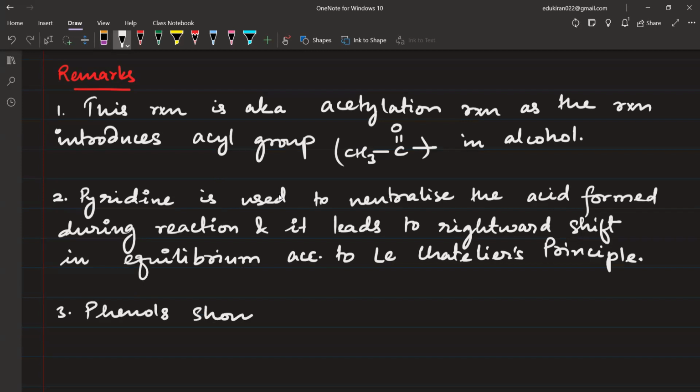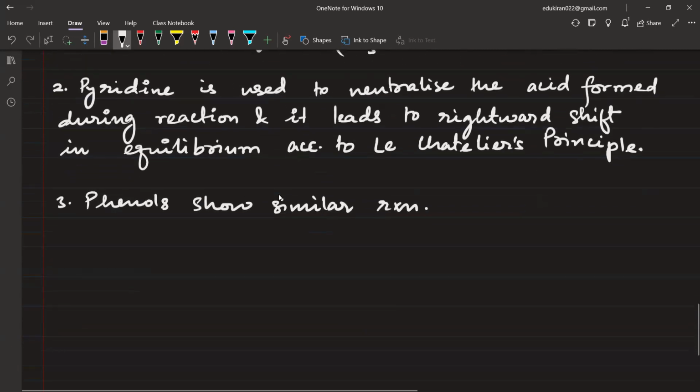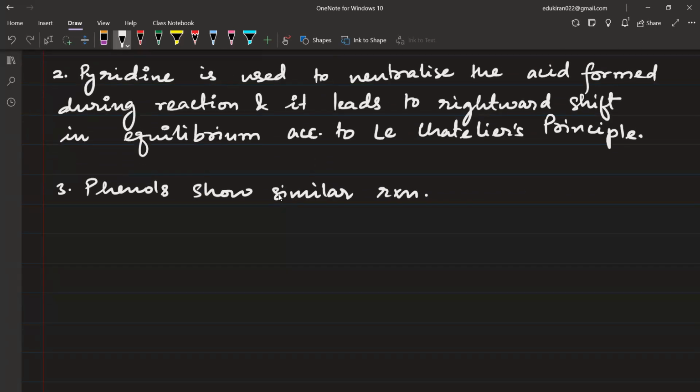And the third point, phenols show a similar reaction. This is also phenol, right? This is also phenol plus, I will take acid anhydride. What is acid anhydride?